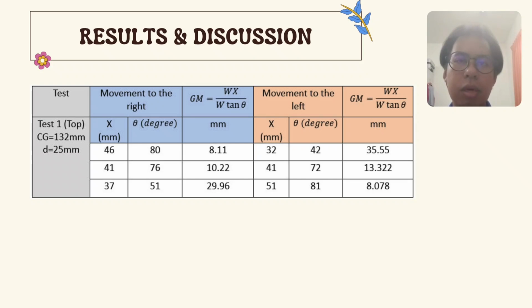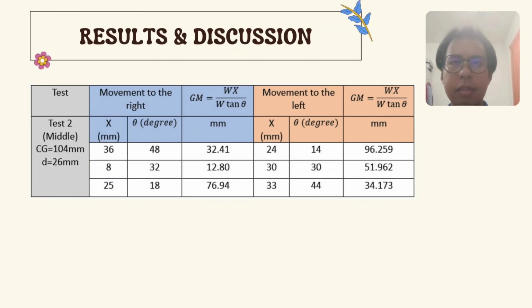However, once tilted beyond 50 degrees, the stability decreased significantly, showing this configuration is vulnerable to capsizing at larger angles. The similar right-left results indicate symmetrical stability characteristics at this CG height.